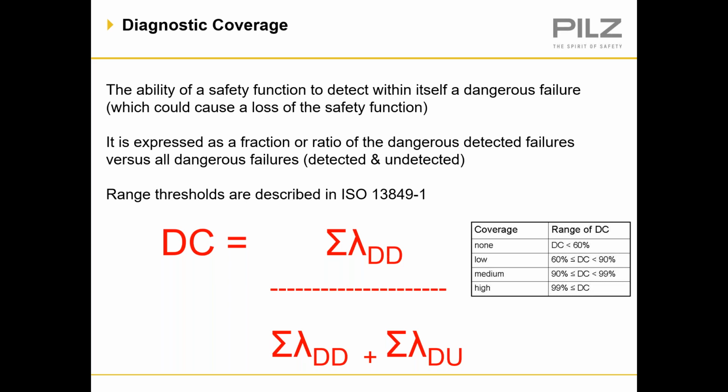The range thresholds are described in 13849: none, which is anything less than 60%; low, between 60 and 90%; medium, 90 to 99%; and high, which is anything over 99%. And DC, diagnostic coverage, is all dangerous detected failures divided by the sum of all dangerous detected failures and all undetected failures.